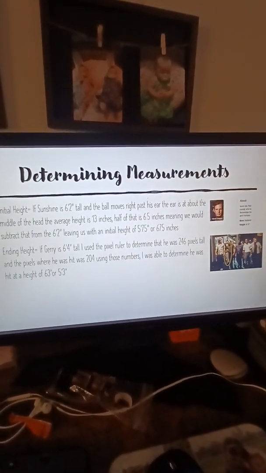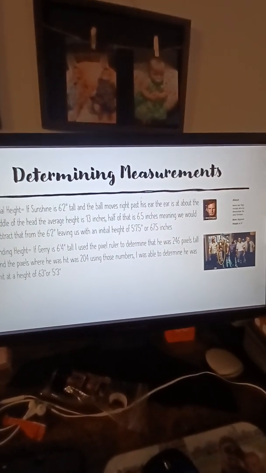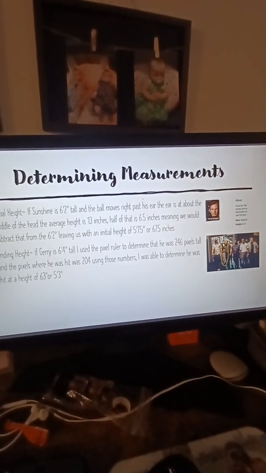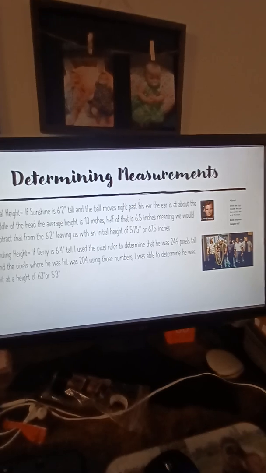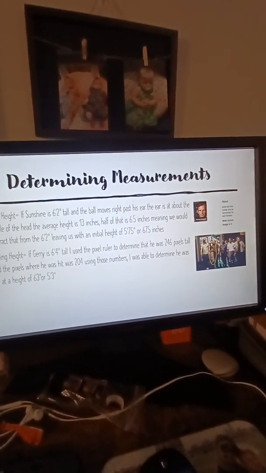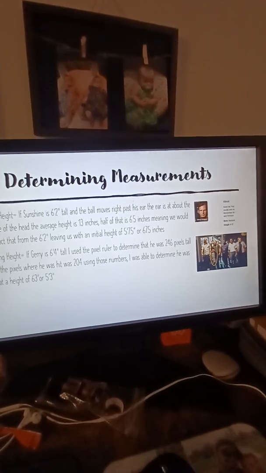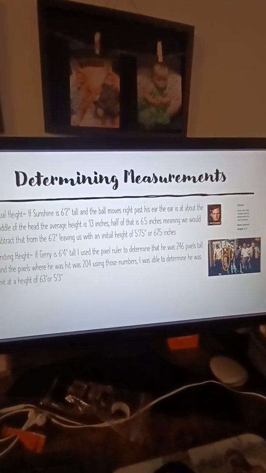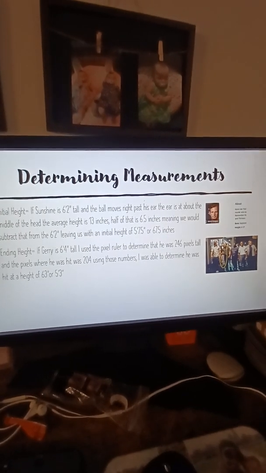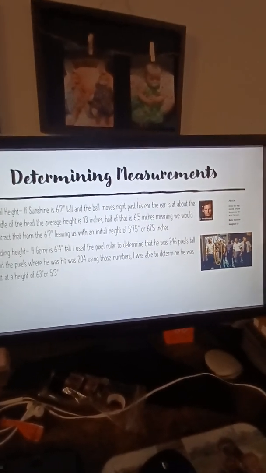The average head height is 13 inches, so half of that was 6.5 inches. So I subtracted the 6.5 from the 6'2", leaving us at an initial height of 5 foot 7.5 inches, or 67.5 inches.